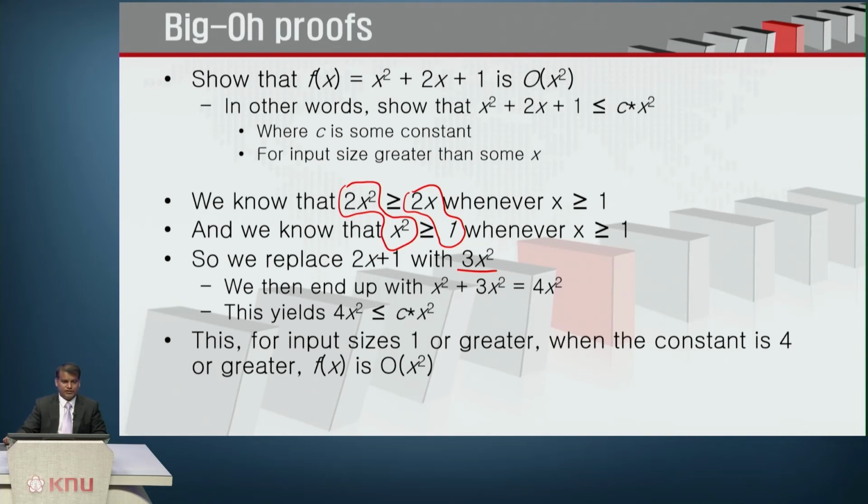This holds for input size 1 or greater when the constant is 4 or greater. So you should know that the constant c should be 4 or greater. That is how we come to know that f of x is big O x square.